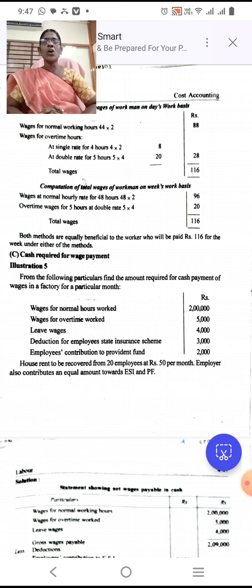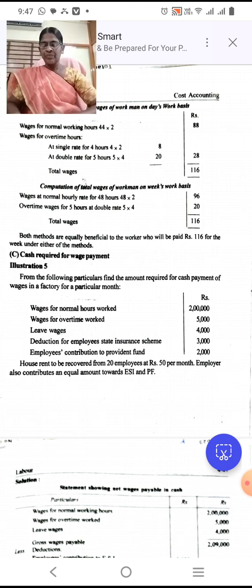Deduction for employees state insurance scheme 3,000. Employees contribution to provident fund 2,000. House rent to be recovered from 20 employees at the rate of rupees 50 per month. Employer also contributes an equal amount towards ESI and PF. With the given information, we have to calculate how much money we have to withdraw from the bank to make the payment. Let us read again one by one from this point of view.